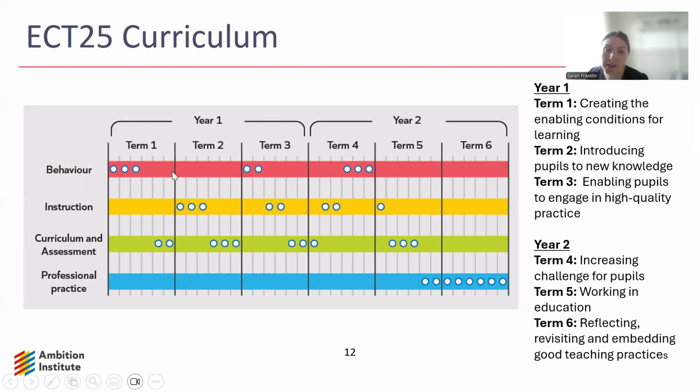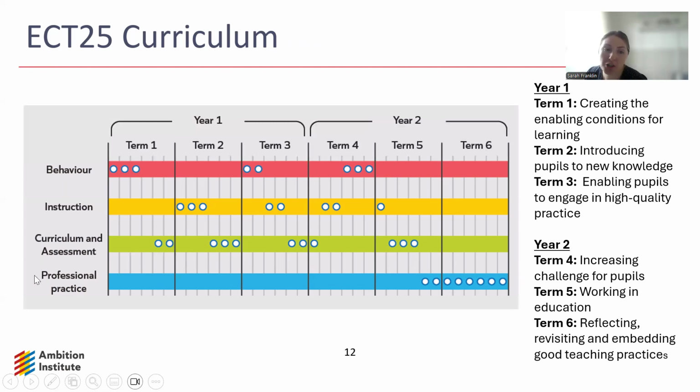Whereas in the old programme we have behaviour, instruction, subject in 3 blocks, ECT 25 is a more spiralised curriculum in that we have modules from the different strands across the term. So for example, in term 1, you can see we've got 3 modules from the behaviour strand, and 2 modules from the curriculum and assessment strand, which is essentially our subject strand.